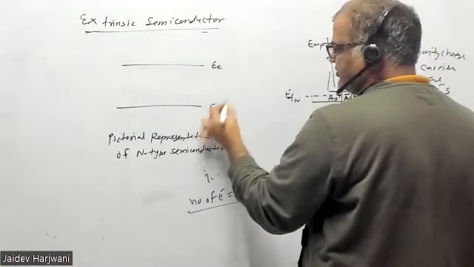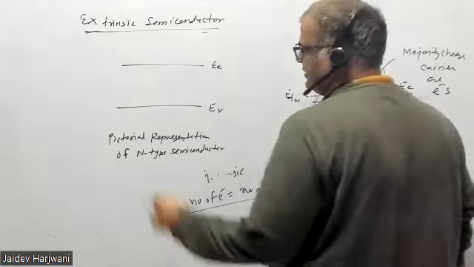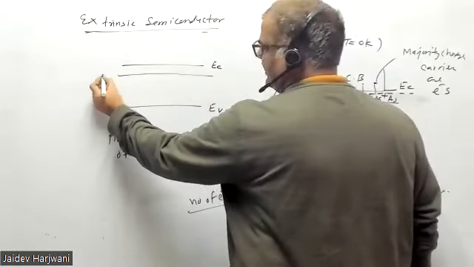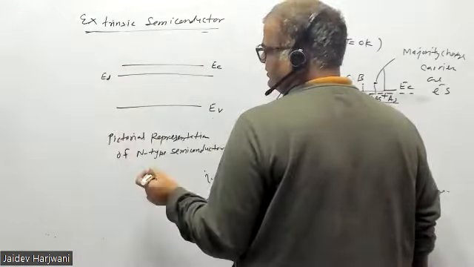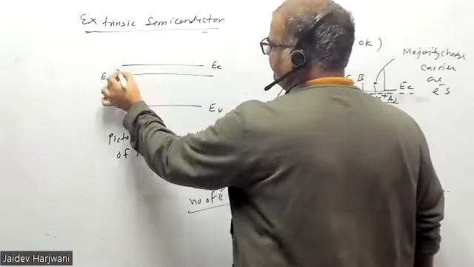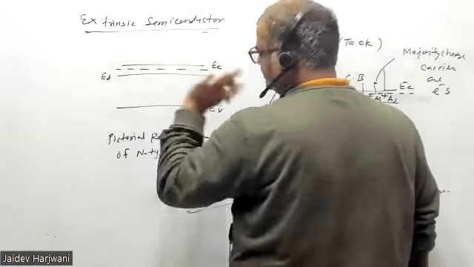This is your valence band. And here I have an energy level of donor. And here somewhere I have a Fermi level. So that we have already seen.